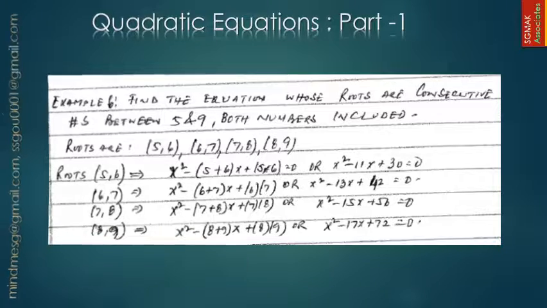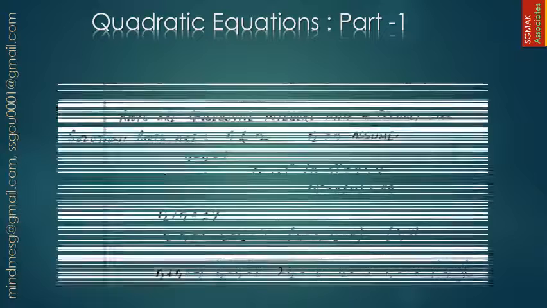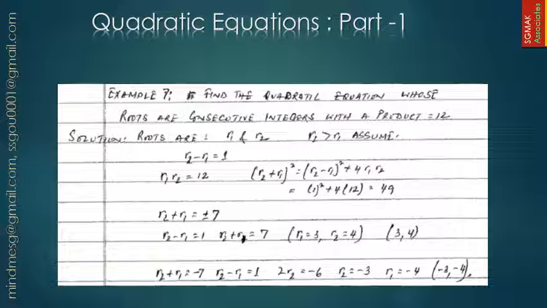Alright, moving on. Find the quadratic equation whose roots are consecutive integers with a product of 12. So now you are given a problem statement and you have to use it to write the equation, recognize the quadratic, and then solve for the roots.